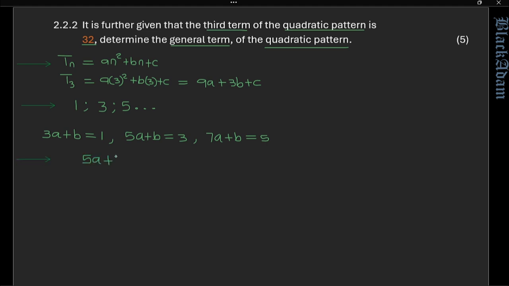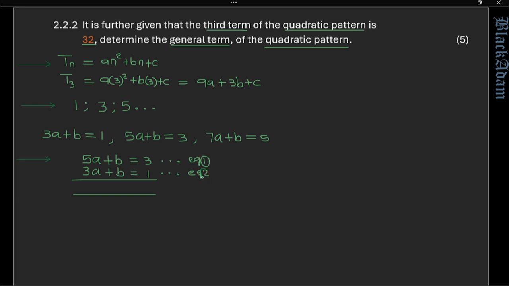So it's 5a plus b is equals to 3, and then we have 3a plus b, which is equals to 1. And from there we equate the first equation. Let's make it equation 1, second equation 2. Okay, so that's 1 there and that's 2.